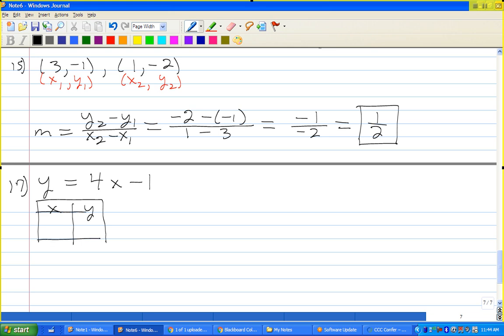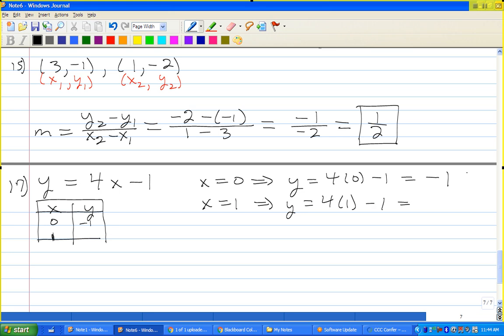Let's say when x is 0 and when x is 1. When x equals 0, y is equal to 4 times 0 minus 1. 4 times 0 is 0, 0 minus 1 is negative 1. And if x is 1, then y is 4 times 1 minus 1, which is 3. 4 minus 1 is 3.